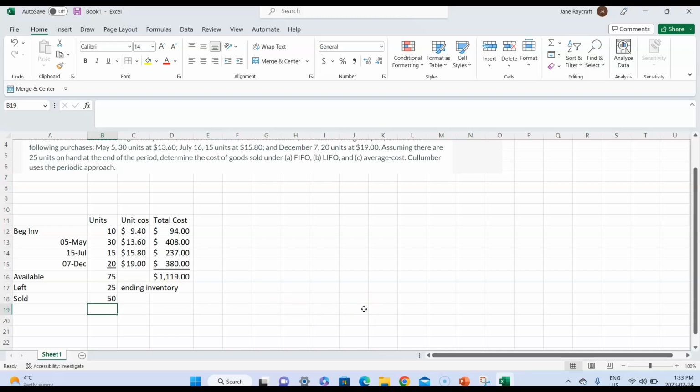In this particular question, it's looking for cost of goods sold. A lot of these questions also ask for a value for our ending inventory.